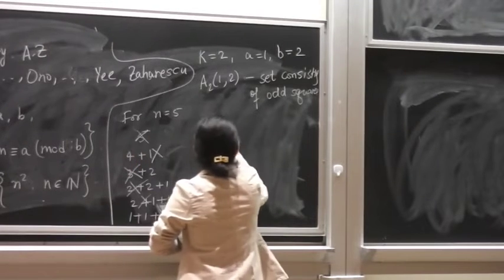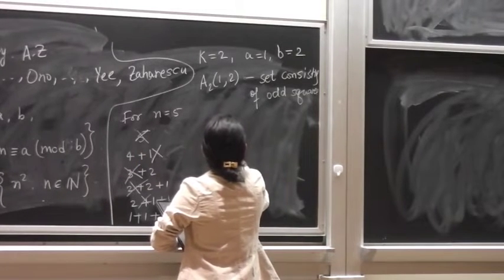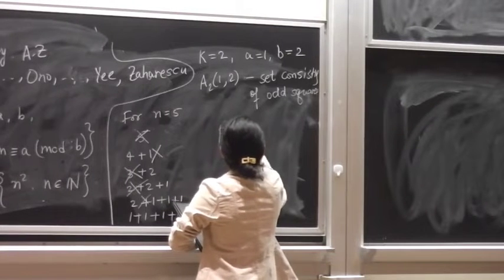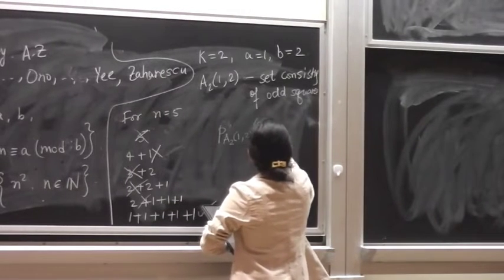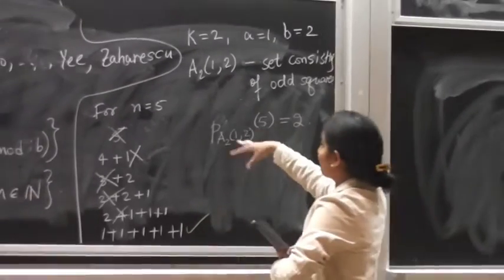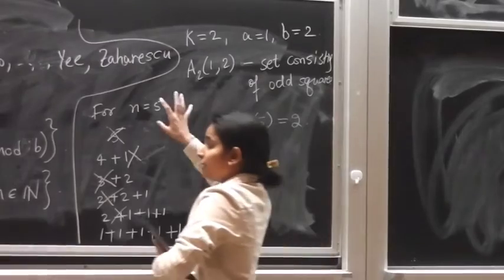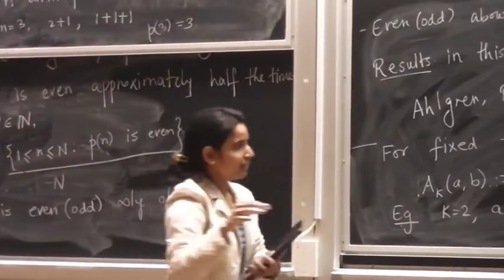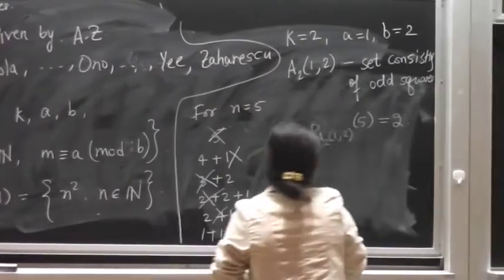So p of A(2,1,2) of 5 is exactly 2. So now all the values of your partition function get very different from the usual partition function that you saw. 1, right? It's 1. Oh, again I did it wrong. Thank you.